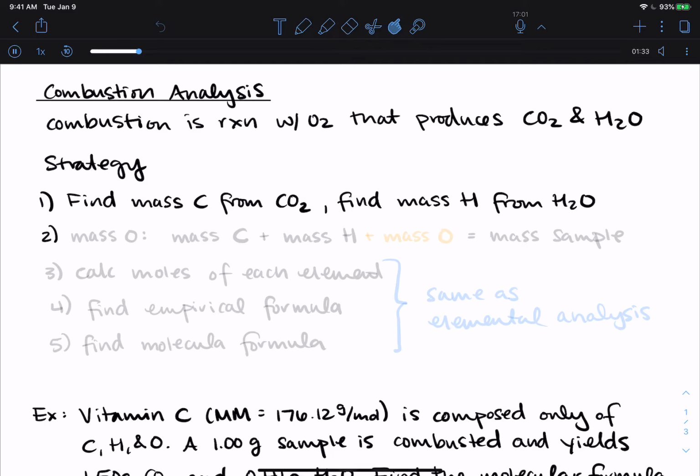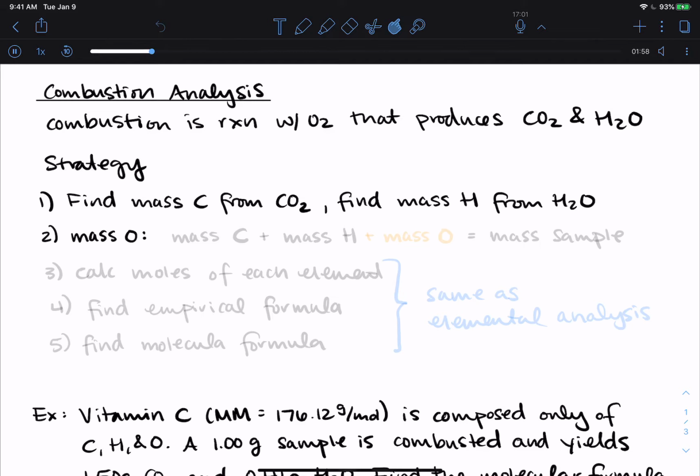Step two, we'll need to find the mass of oxygen. We cannot find it from the carbon dioxide and the water, which I'll do a little example within the strategy step to show you why. But in order to find it, we do need to start with information about the sample size.